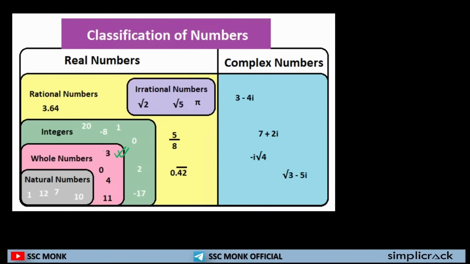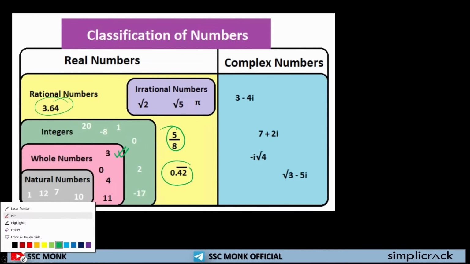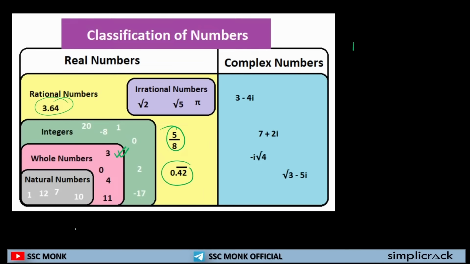Now, when we add the negative part to the positive part, we get integers. And in integers, when we add fractions, decimals, recurring decimals, these are known as rational numbers. And this is called irrational number. Now, irrational numbers are what?